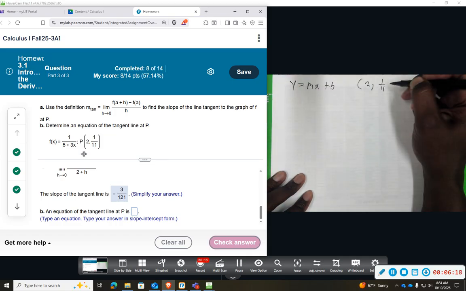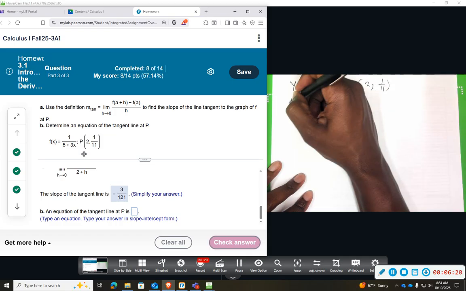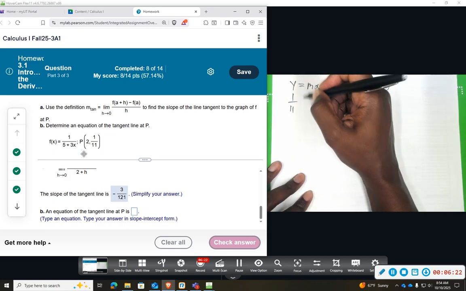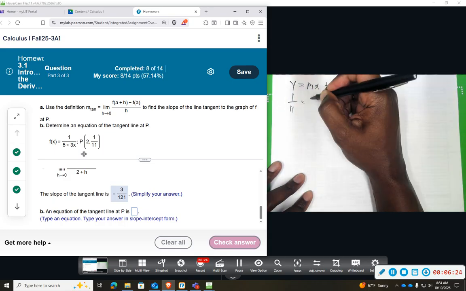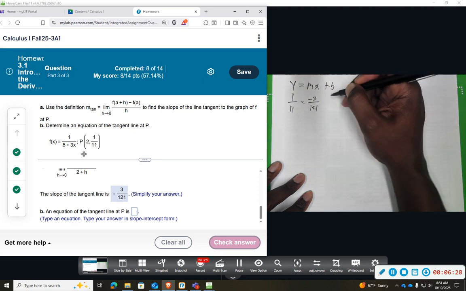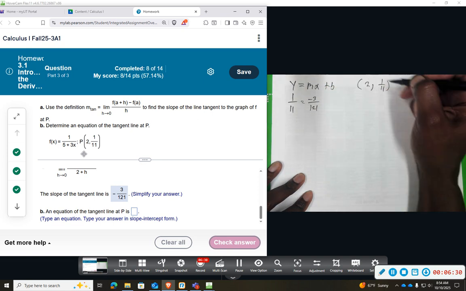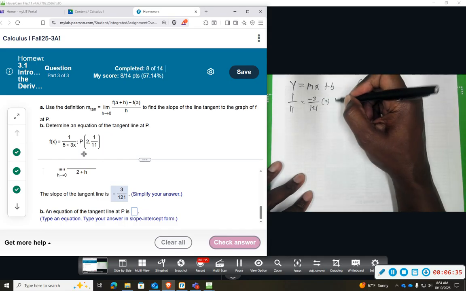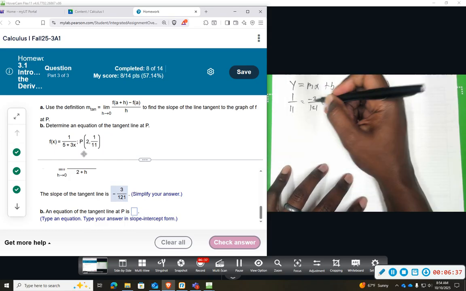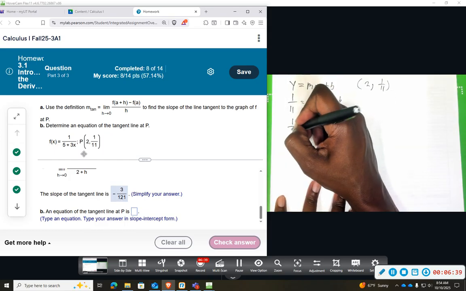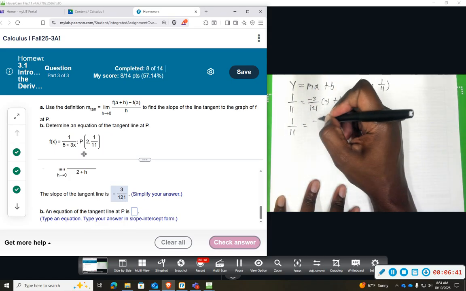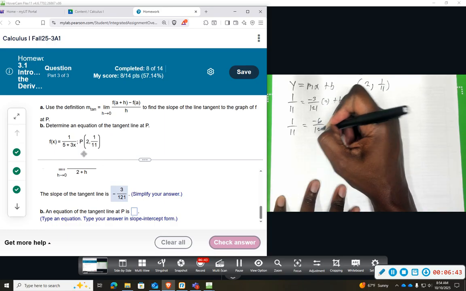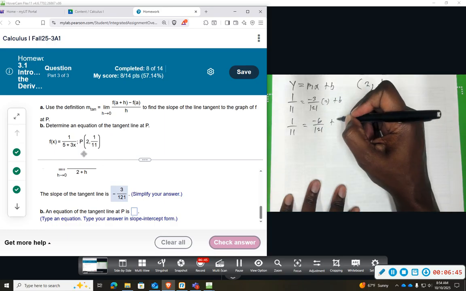And the y value is 1 over 11. m, the slope, is negative 3 over 121 times x. The x value is 2, and then plus b. So this will give us 1 over 11, negative 6 over 121 plus b.